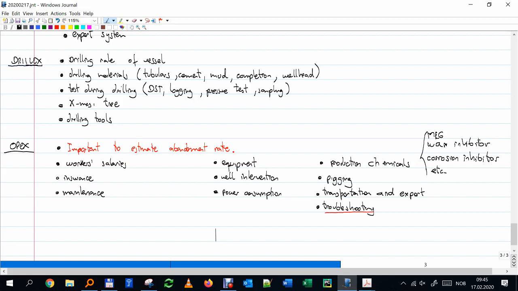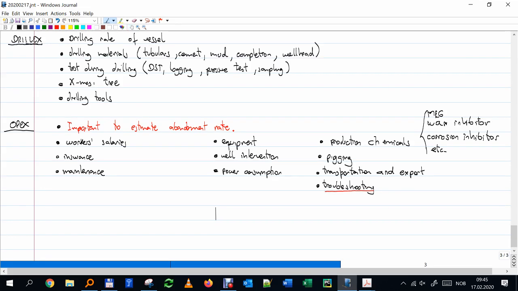Okay, and then ABEX, to stop with the writing. ABEX. One big part of this cost is well plugging. Actually, here there are some aid from the government. They finance part of this plugging.